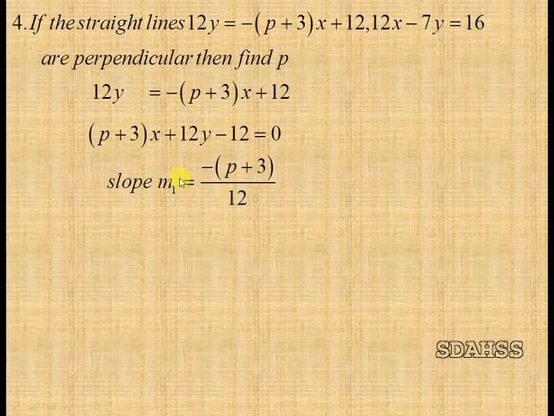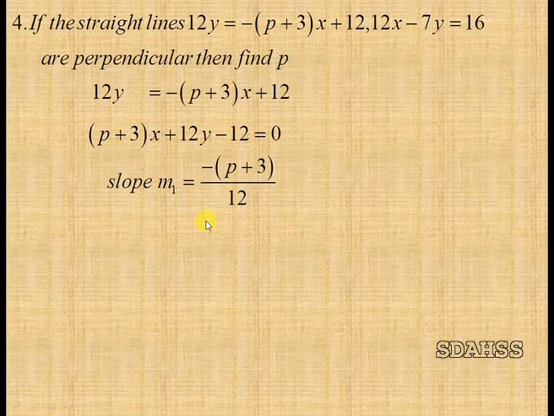Then the slope of the first equation, that is M1 is equal to minus a by b. A means the coefficient of x, b means the coefficient of y. Here the coefficient of x is p plus 3 divided by the coefficient of y, which is 12.